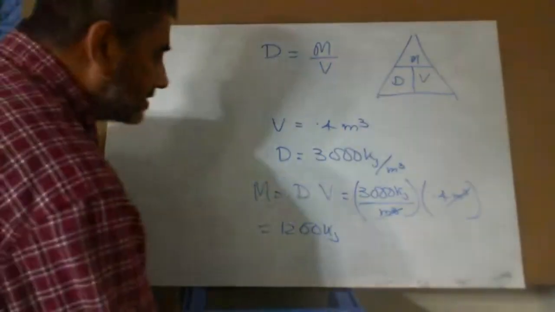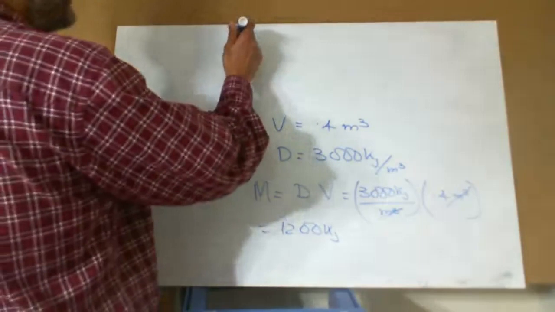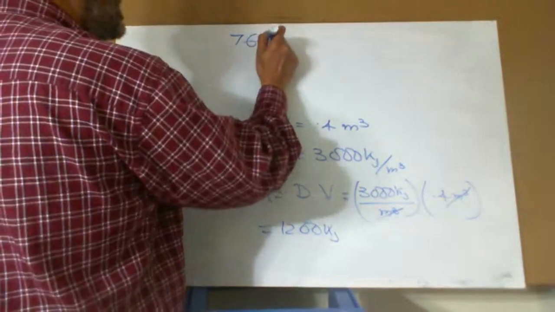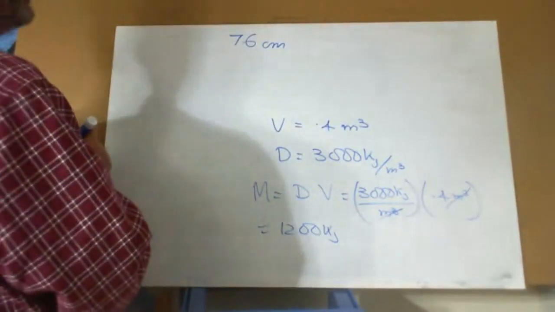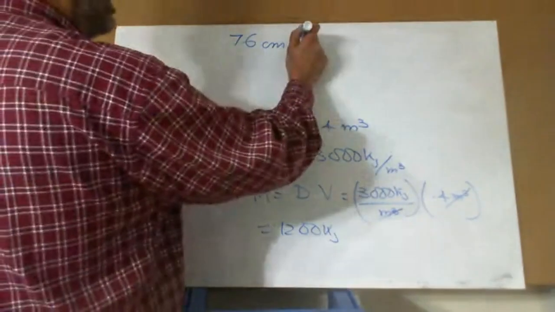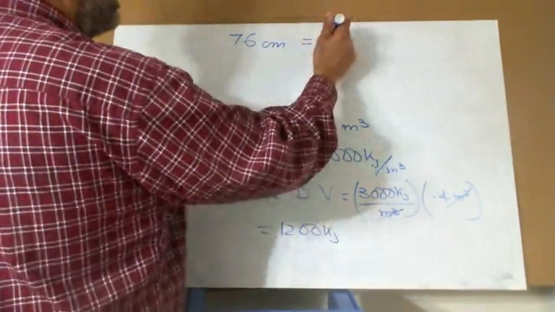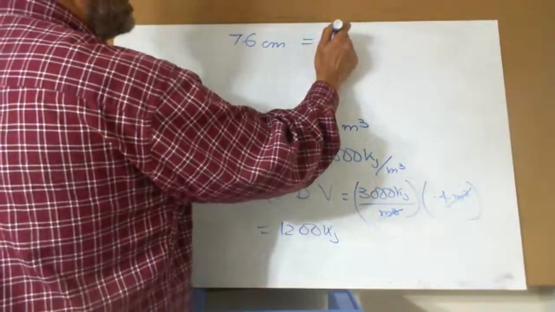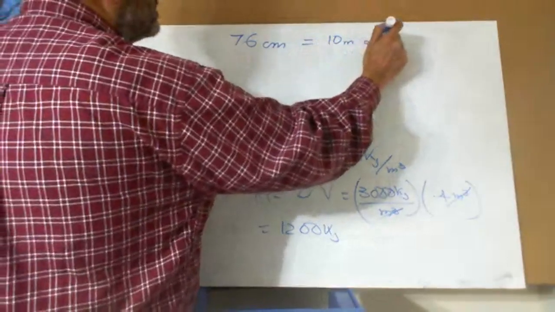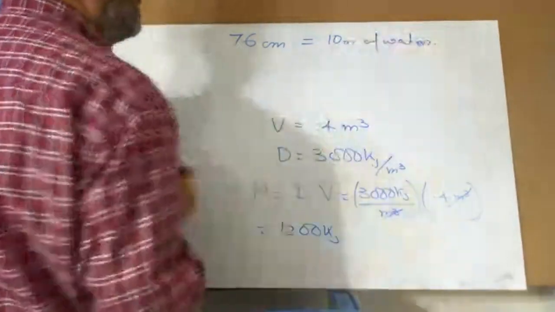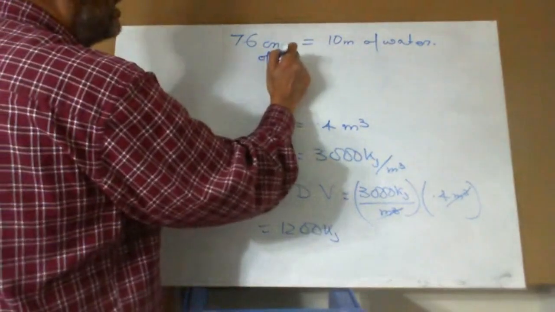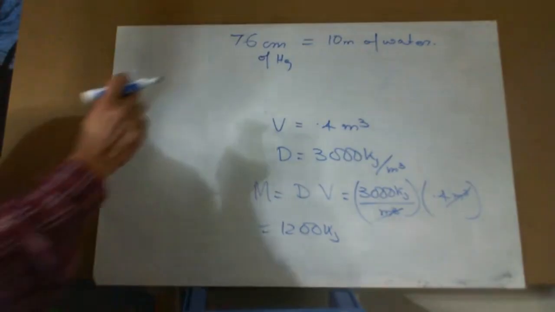So 76 centimeters of mercury, which is 760 millimeters, okay, is equal to 10 meters of water. 10 meters of water. 76 centimeters of mercury, Hg, okay, which is 0.76 meters.